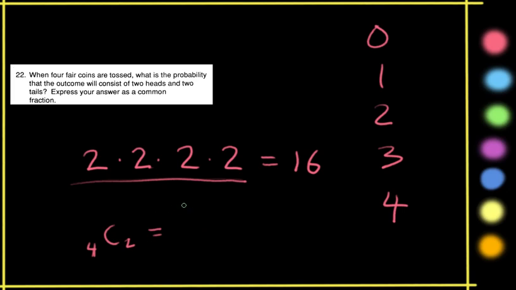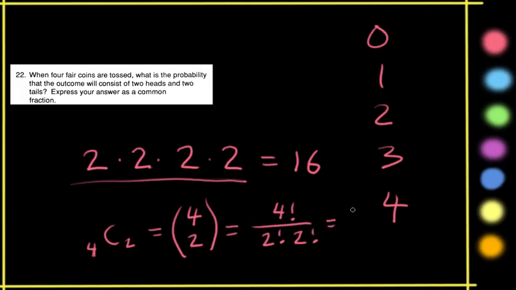And by the way, I should have mentioned that 4 choose 2 is sometimes also written like this. You put parentheses and you put a 2 and a 4 like this. So this is 4 choose 2. And that is equal to 4 factorial divided by 4 minus 2 factorial, which is just 2 factorial, and then another 2 factorial. So this is going to be 4 times 3 divided by 2, which is just going to be 6.